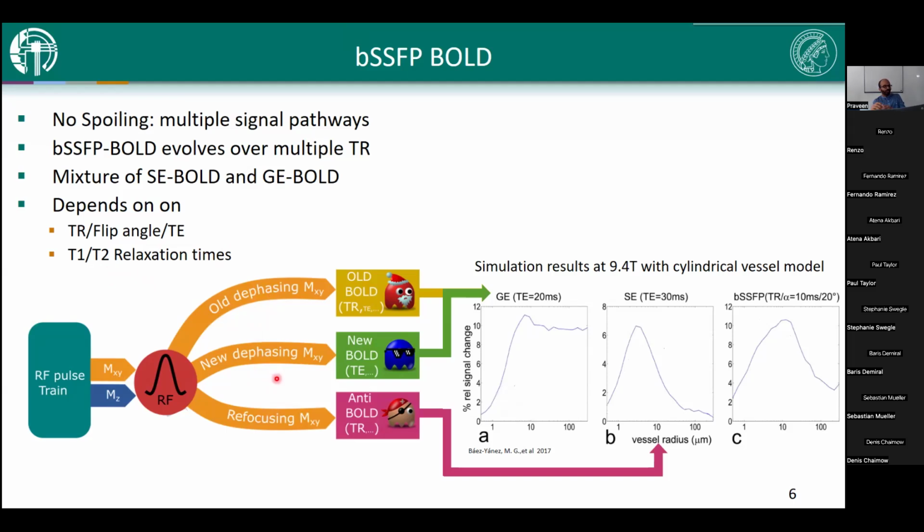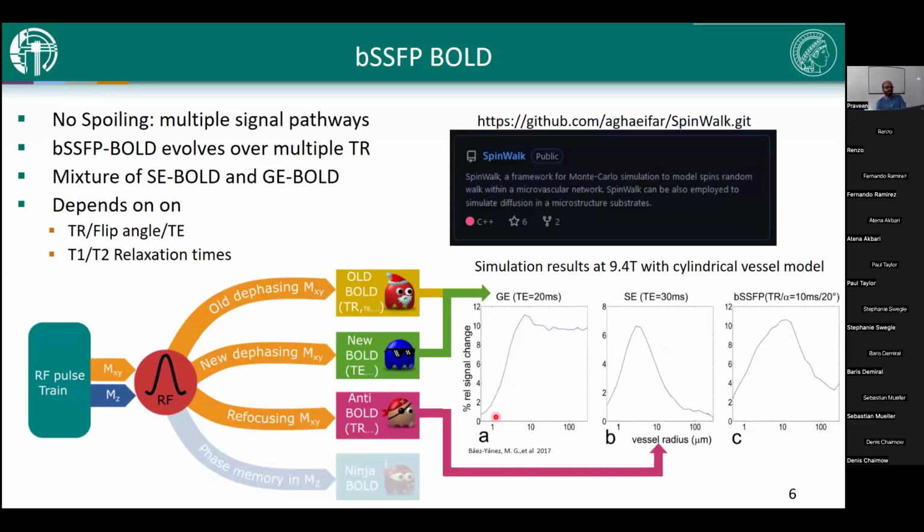To make things more complicated or interesting, some of the bold is also stored in the longitudinal magnetization, which is decaying with respect to T1. This is quite a basic picture, which gives you a basic intuition, but doesn't help you in real life. Most of the real life predictions are made with Monte Carlo simulation.